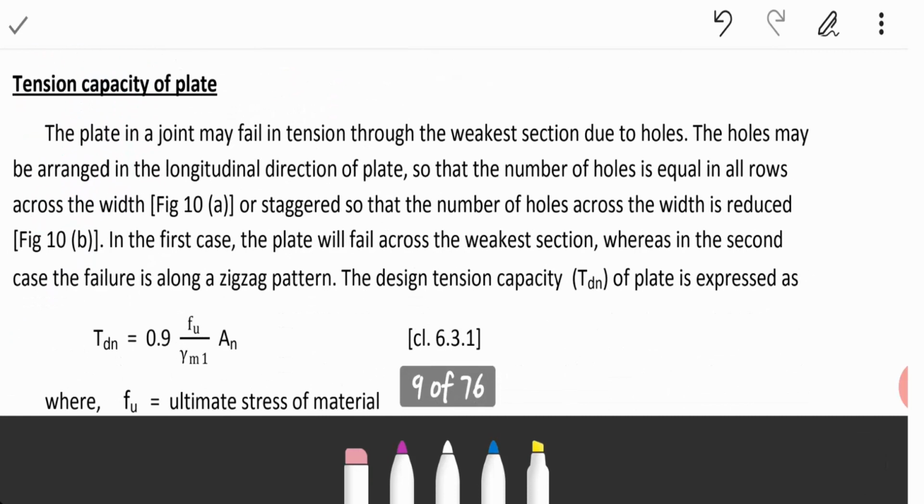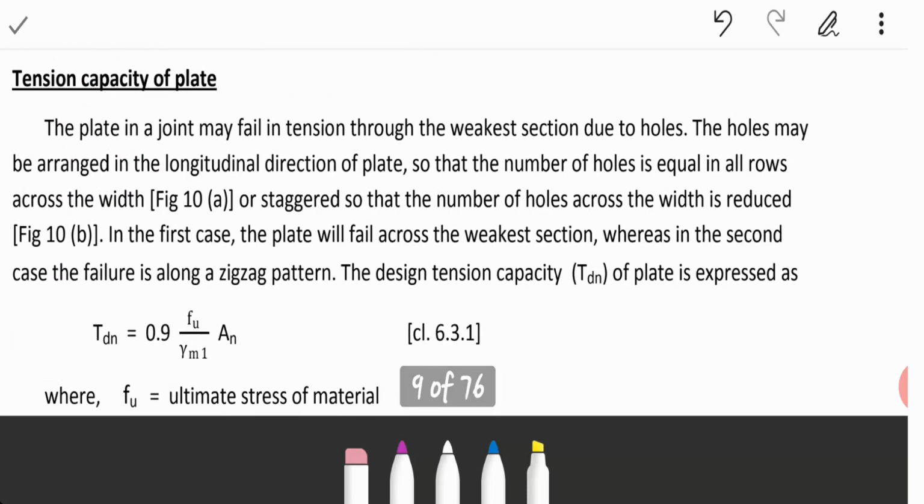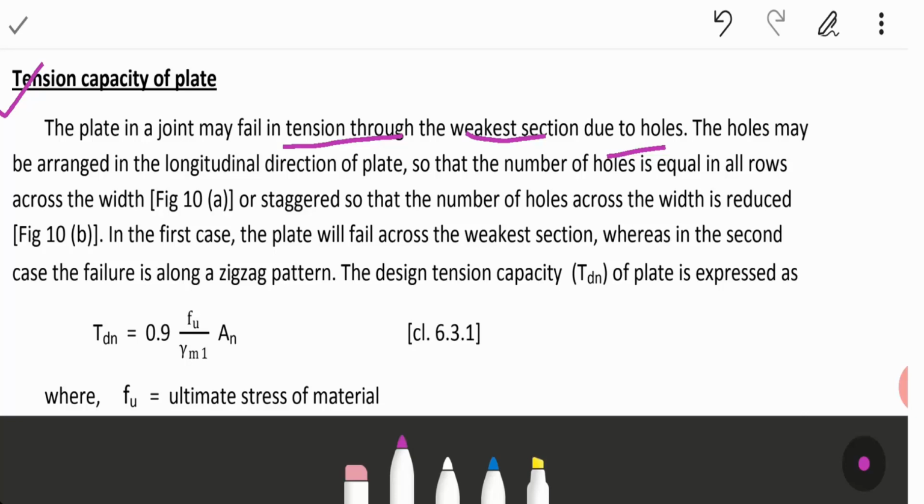Now, tension capacity of the plate. The plate in a joint may fail in tension through weakest section due to its holes. The holes may be arranged in the longitudinal direction of the plate, so that the number of holes is equal in all rows across width, or staggered, so that the number of holes across the width is reduced.